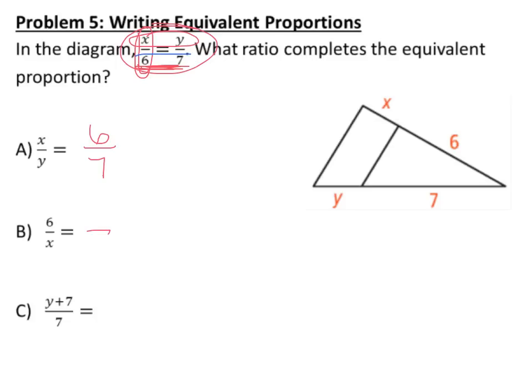Well, 6 has to be partners with 7, and x has to be partners with y, so it'd be 7 over y. Now this is with the adding one. If I look at my original problem here, I have y plus 7. So in my original problem, I did y plus the bottom, so I have to make sure to do x plus 6, because it would be x plus the bottom, and you still have the bottom of the fraction on bottom. That's saying bottom a lot of times.